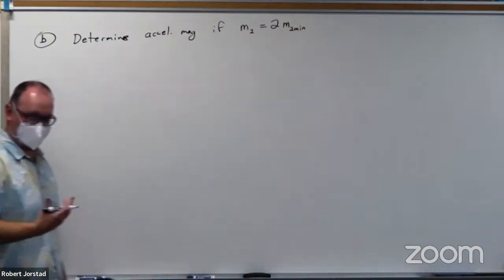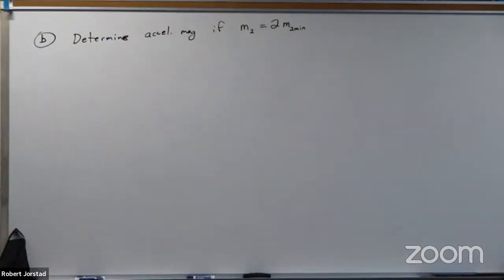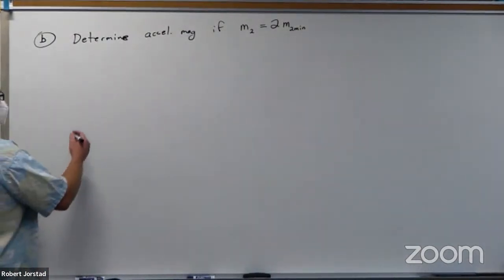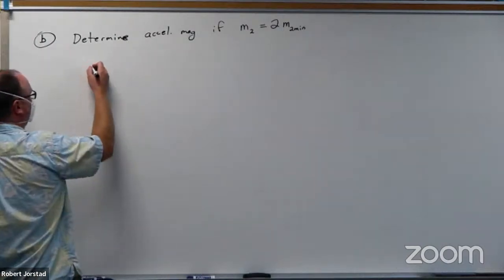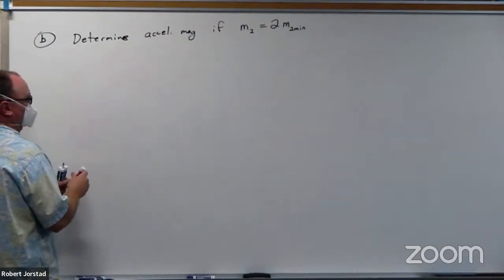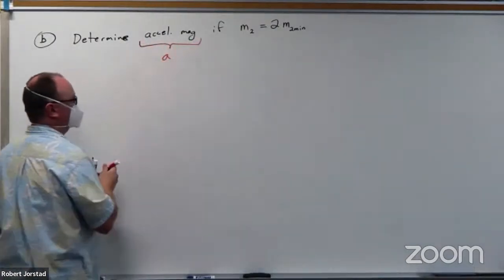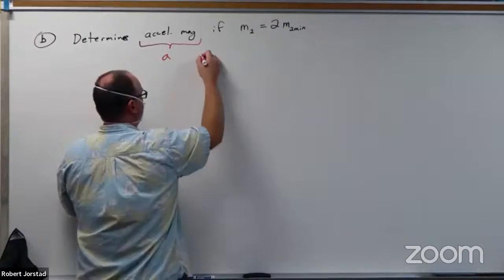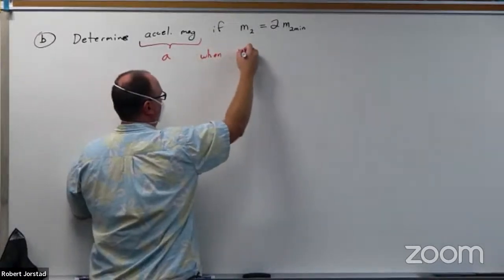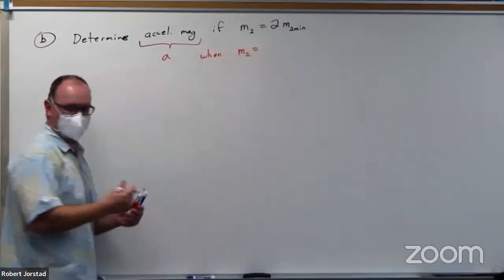This is a common way of phrasing things. Let's be clear, what are we trying to find? What symbol are we trying to get? a. Trying to get a when M2 is equal to twice the minimum value.